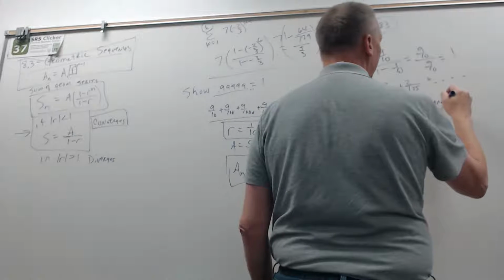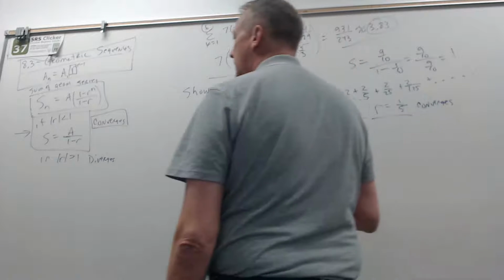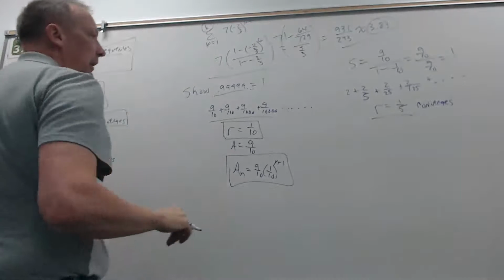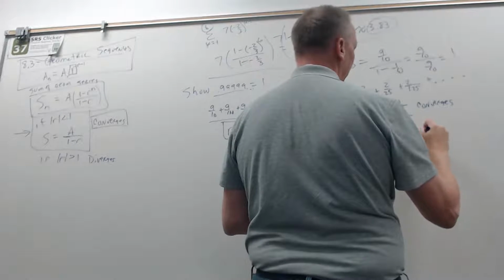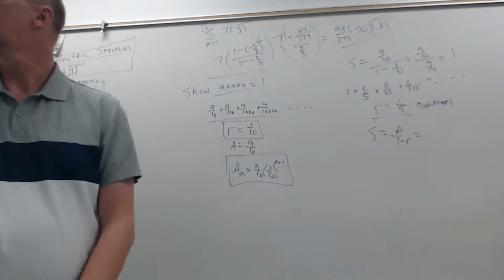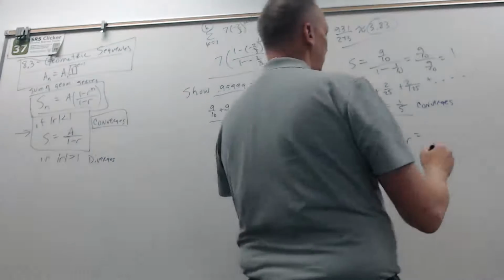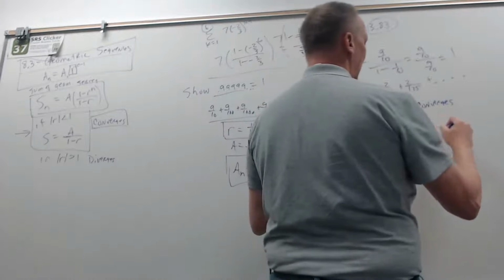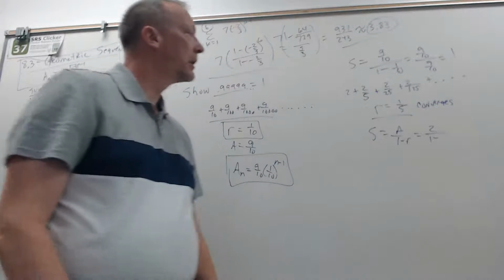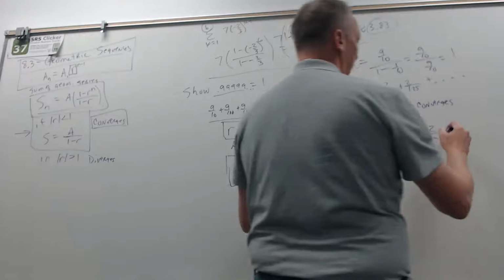So which formula can I use? S equals a over 1 minus r. A in this case is? 2. 2 over 1 minus 1/5.